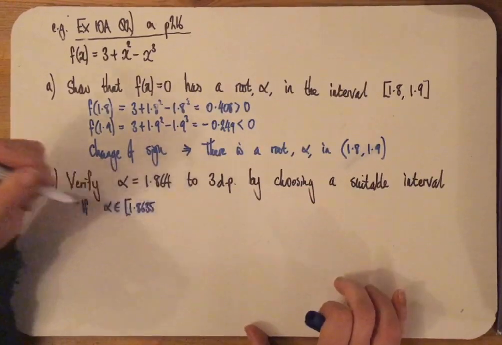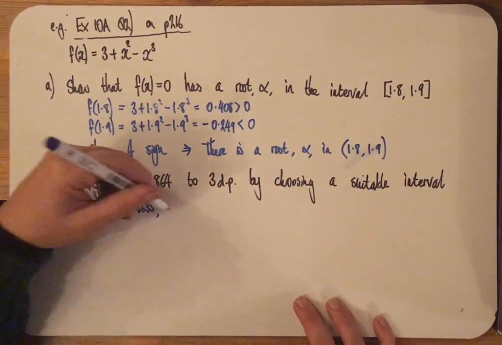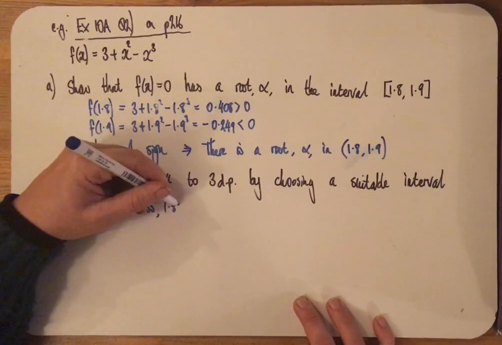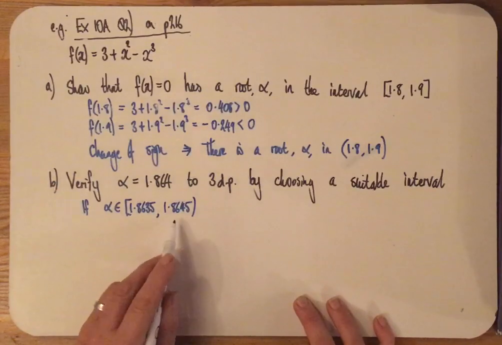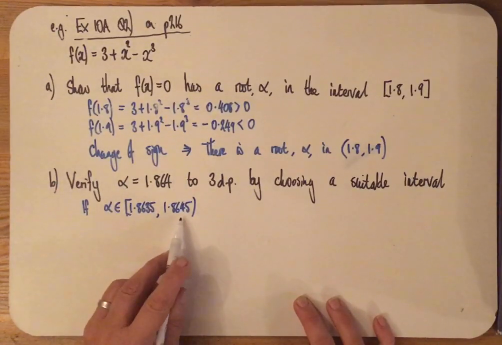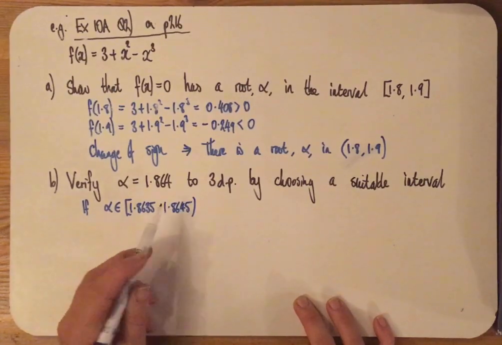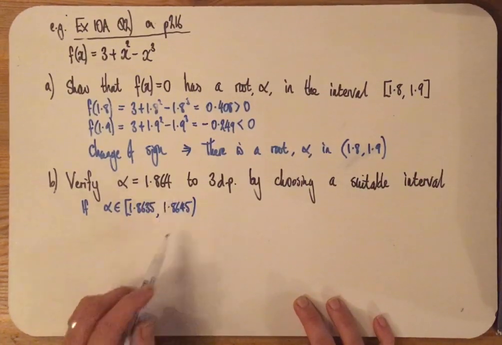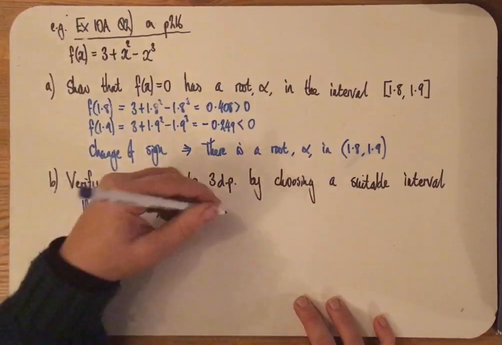And if alpha is between there and 1.8645, but you don't actually want to include the 1.8645, because when you get to 1.8645, that's when you start rounding up to 1.865.